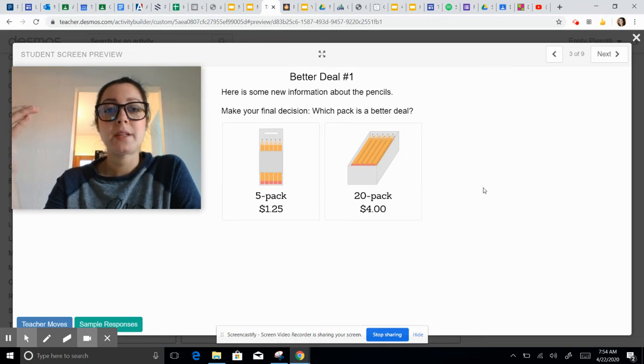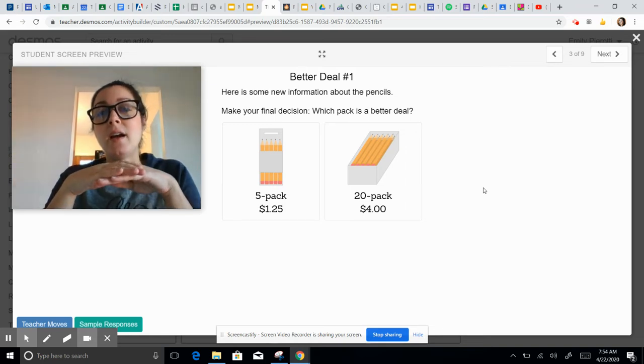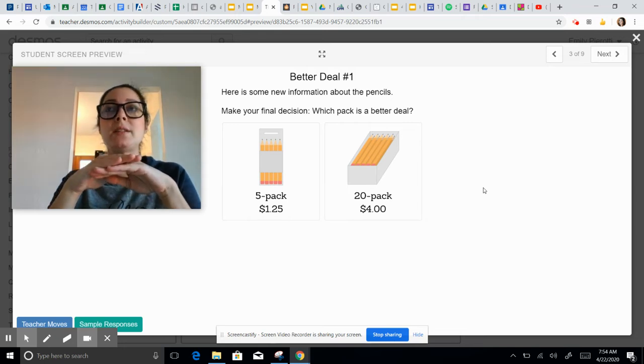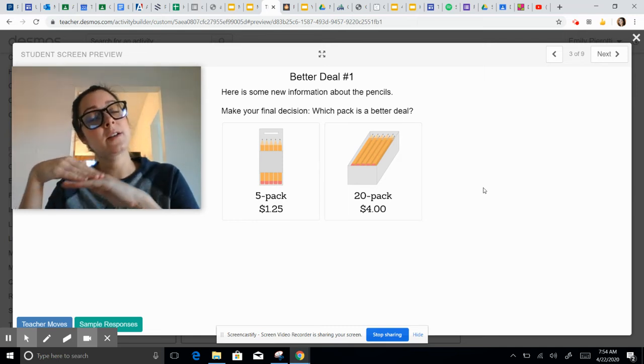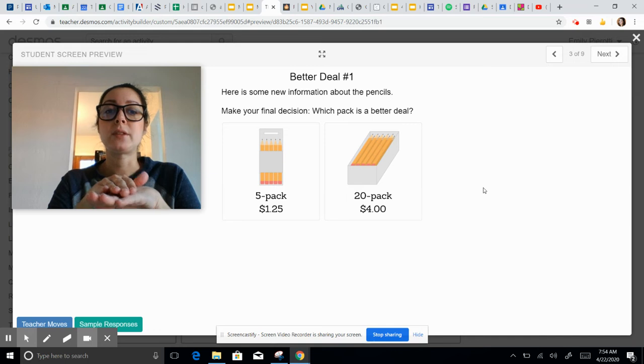But in order to really compare your different rates, we need to see the unit rate. So if you really want to see that your run is faster than your walk, then you need to set them up so that they're compared the same way.